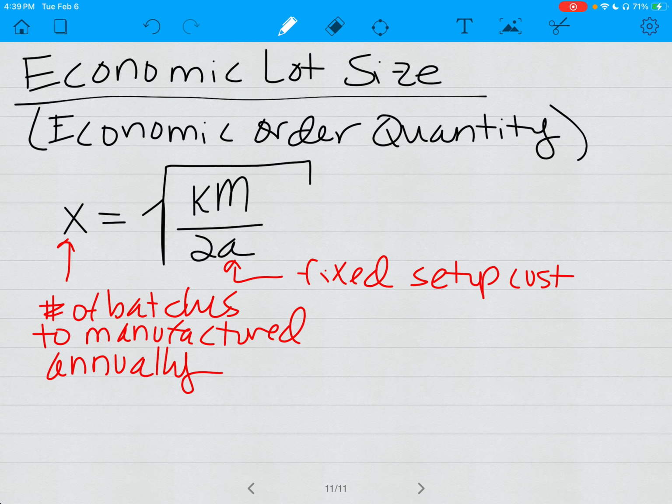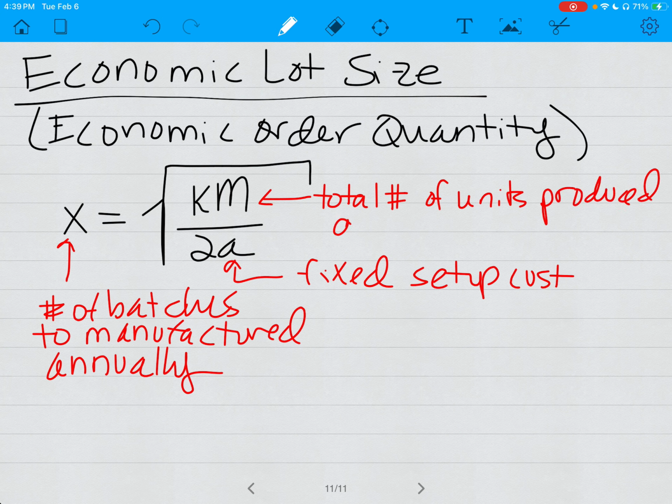The m here is the total number of units produced annually. And that will obviously depend on the type of thing that you're producing, what type of units you're measuring that in, and how many of those you're producing.